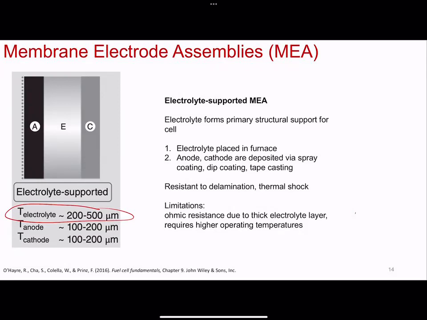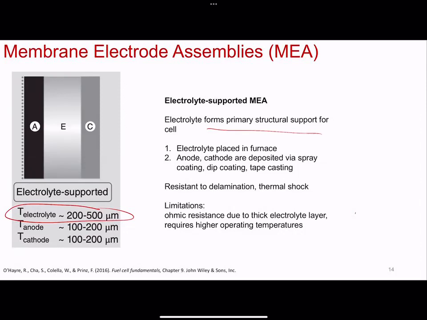That's great. And if you make it thick, you could see the electrolyte layer here is 200 to 500 microns thick. And the cathode and the anode are about 100 to 200 microns each. So the total is not that much. It's under a millimeter, right? So you can imagine if your electrolyte is about half or more in terms of thickness of your entire sandwich, then it becomes a structural component.